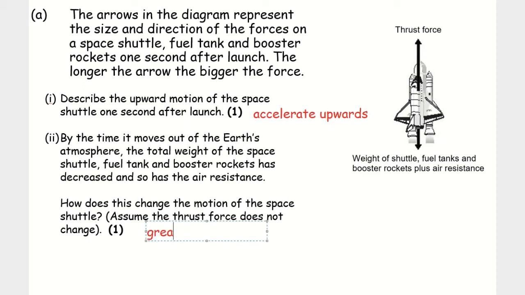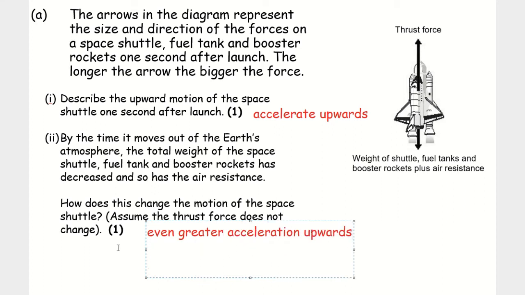So we're going to put down that will be an even greater acceleration upwards. Now it's only 1 mark, so we're not being asked to explain that. Right, so that will be all that will be required of you.